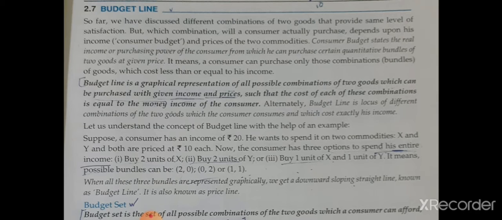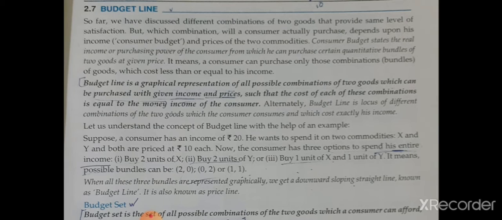Suppose you have 50 rupees, then the maximum you can spend is rupees 50 because your consumer budget or purchasing power is rupees 50. So you can buy up to 50 or less than 50.